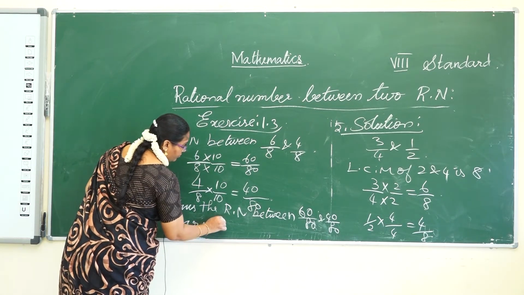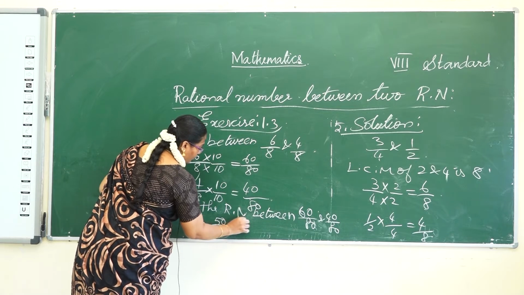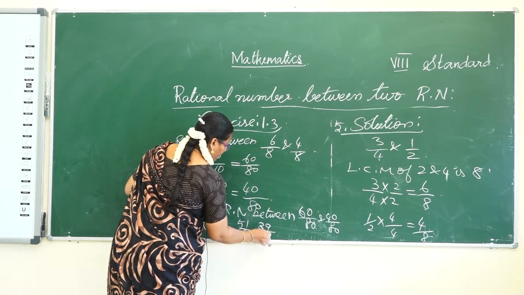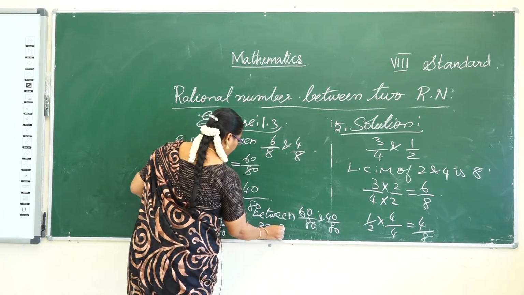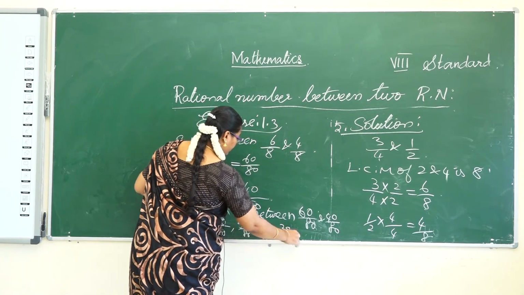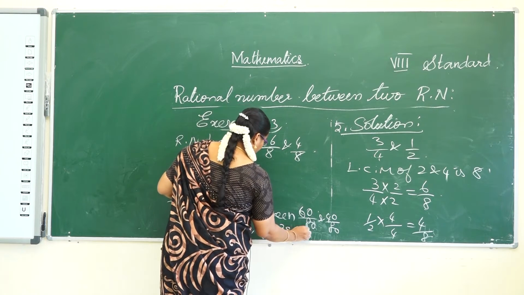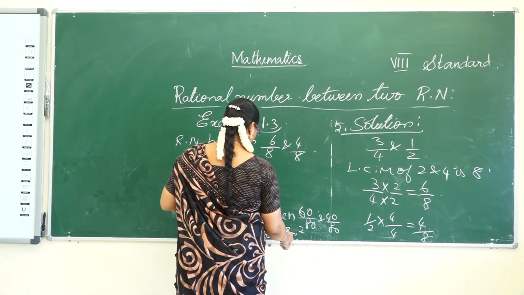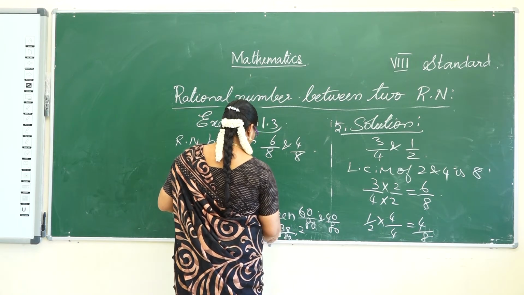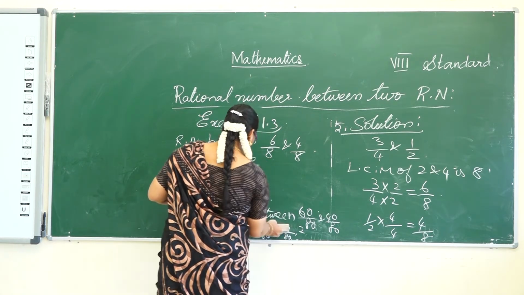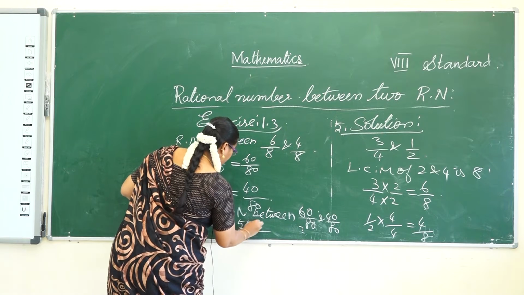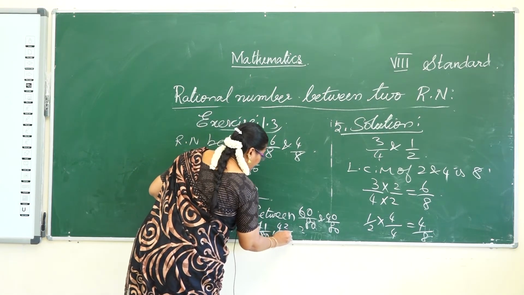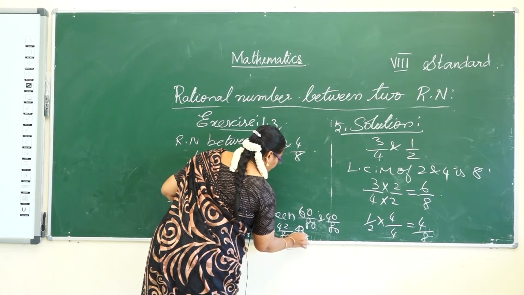So 50 by 80, 51 by 80, 49 by 80, 48 by 80, 41 by 80 and 42 by 80 and 43 by 80.